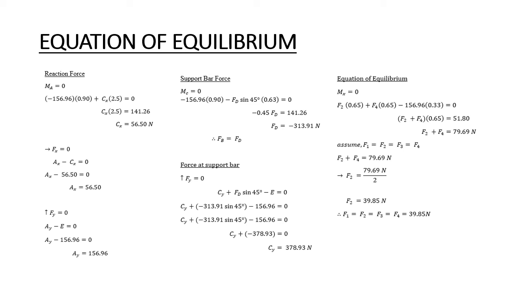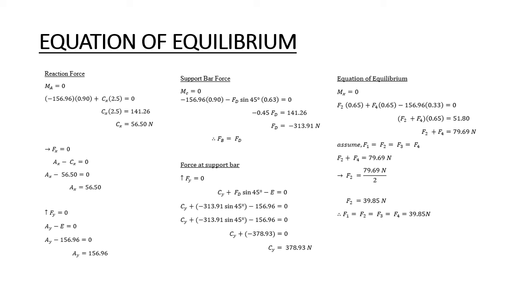So this Cy plus the value of Ft, which is already done before at the support bar force, so that Cy plus bracket negative 313.91 sine 45 minus 156.96 equal to 0, so that we can find the Cy, which is 378.93.